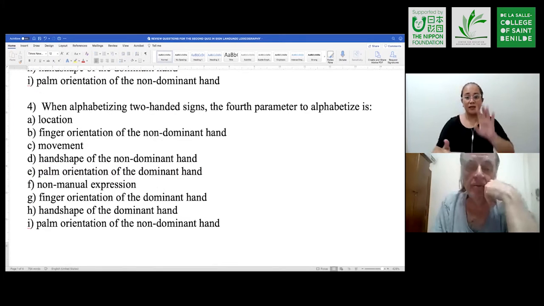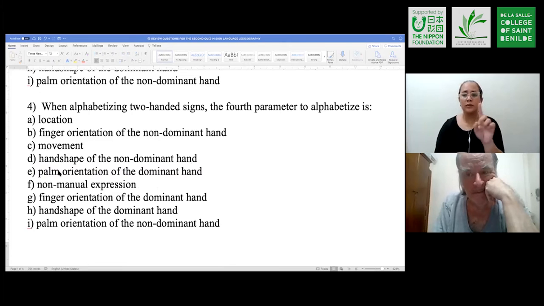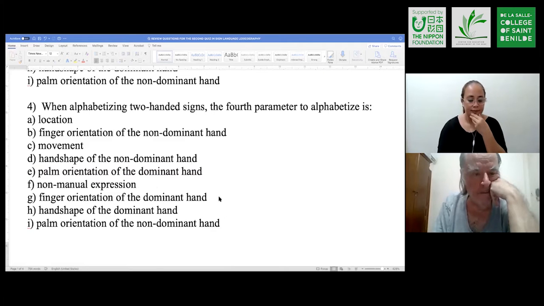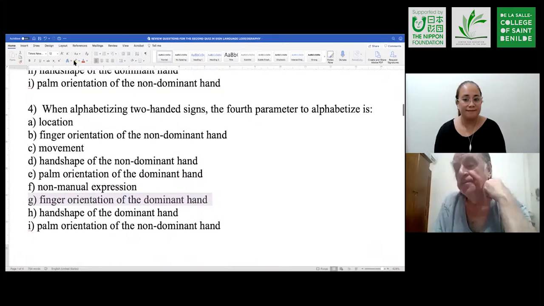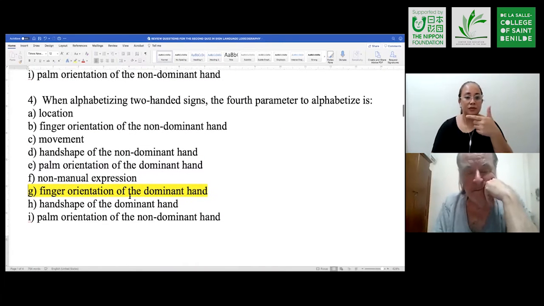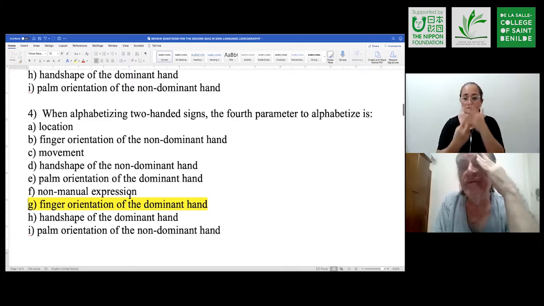After you do the palm orientation of the dominant hand, what do you do next? Meng is signing I. Nat is signing G. Marvin signing G. G is correct. Kyla is G. So you do both the palm orientation and the finger orientation of the dominant hand.